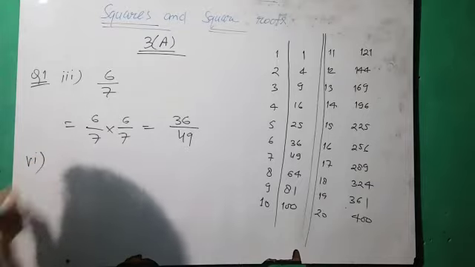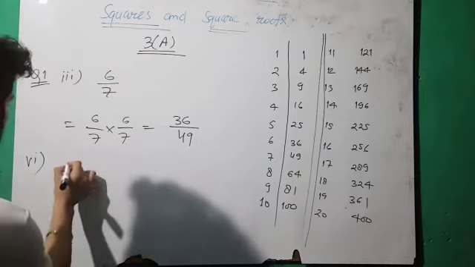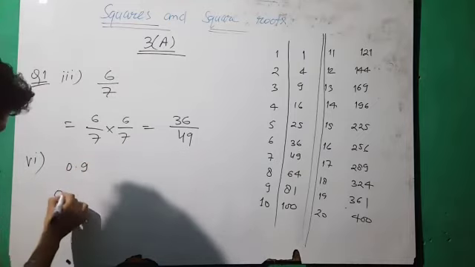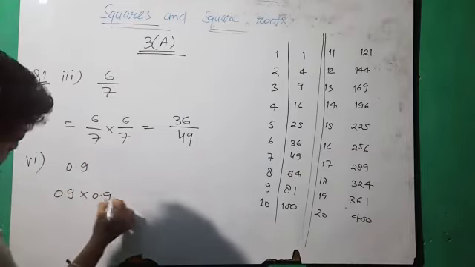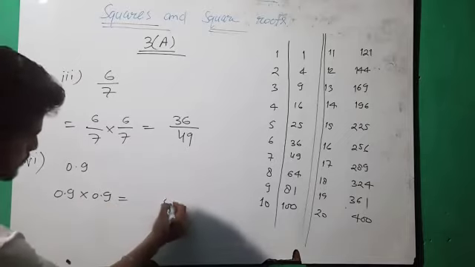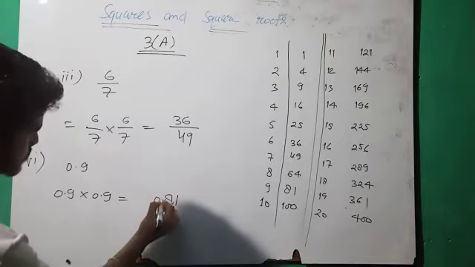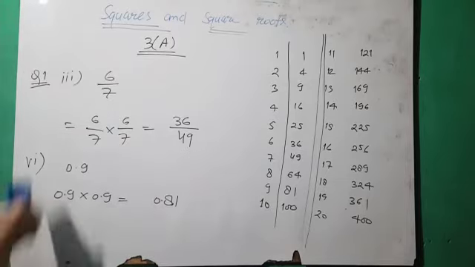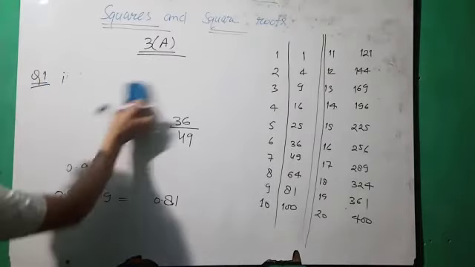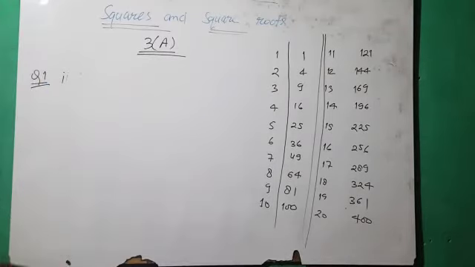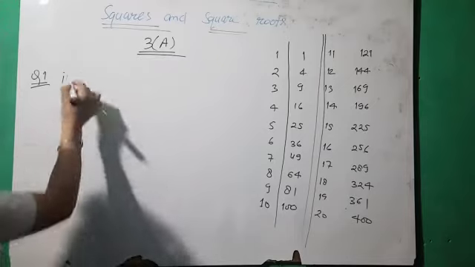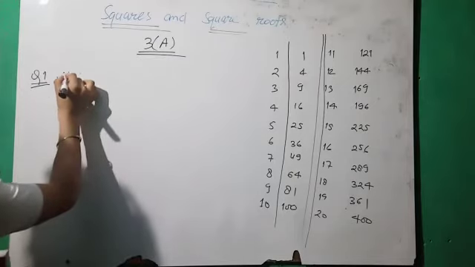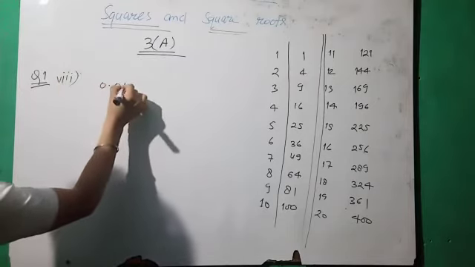Sixth part, 0.9. So 0.9 times 0.9 is 0.81. Last part, 0.018.